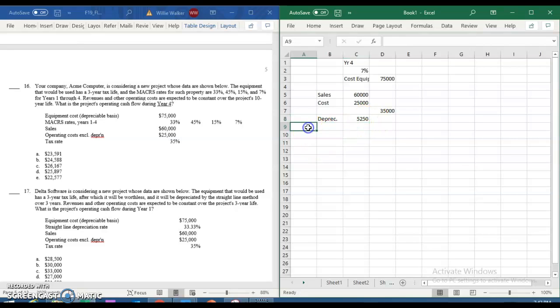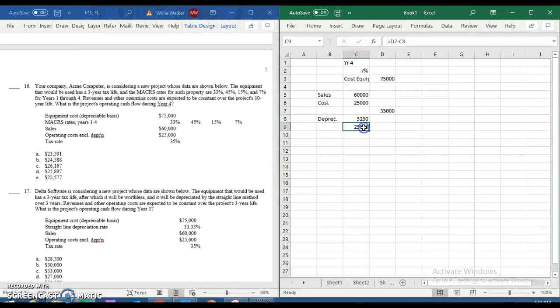So if I get a total of what we have so far, okay, this is going to be income less the cost of that income minus depreciation.